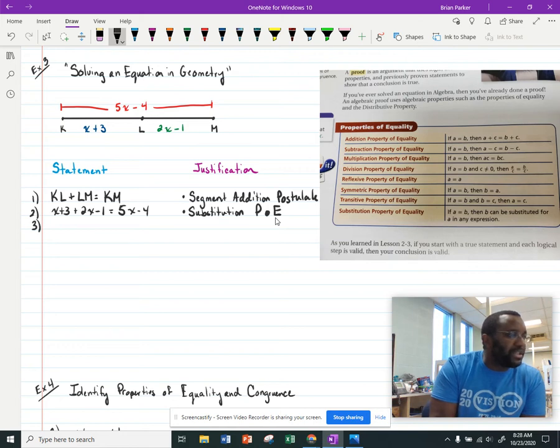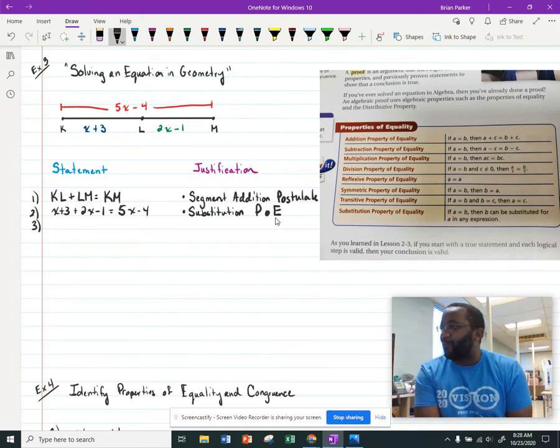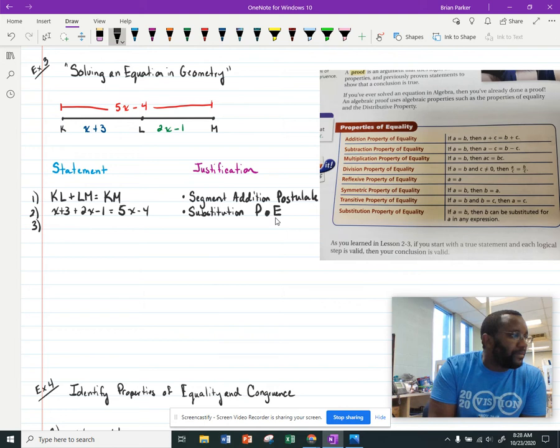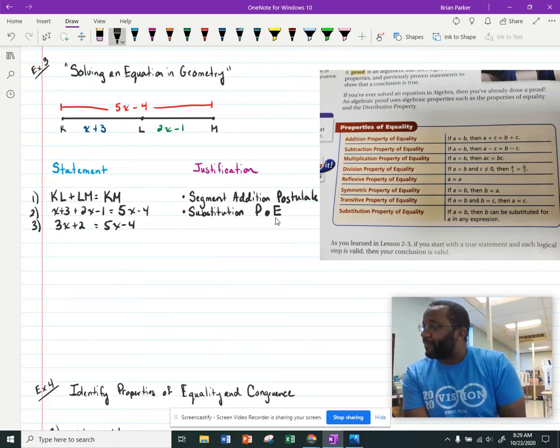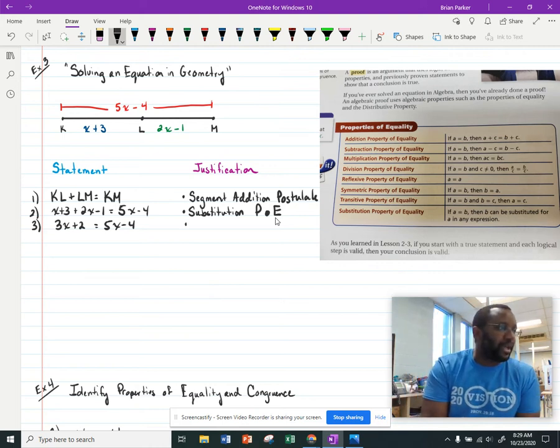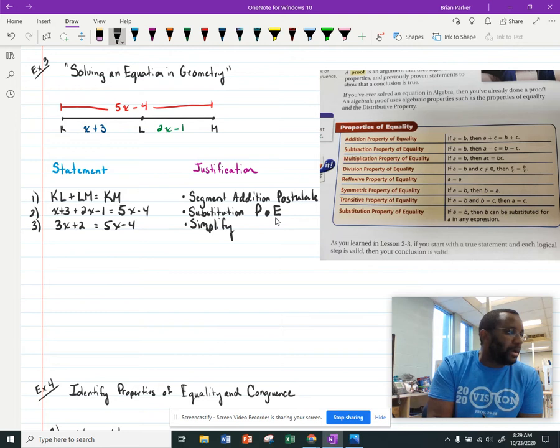So our next step would be what? Well, obviously we'll combine some like terms. So this is going to be 3x on this side plus 2 on this side equals 5x minus 4. And once again, why is it okay that we do that? That's just simplifying what we've already had. Then let's go ahead and do a little math.